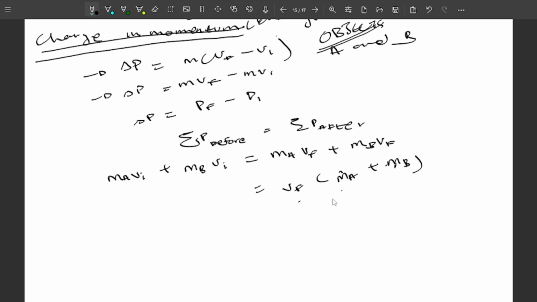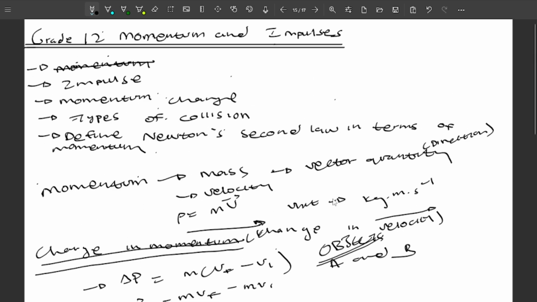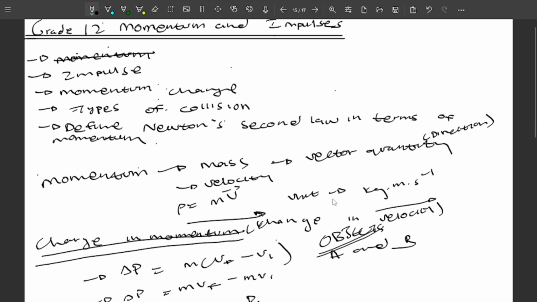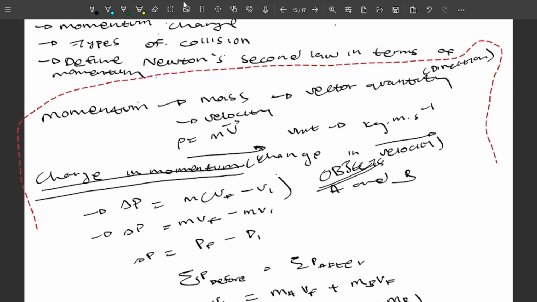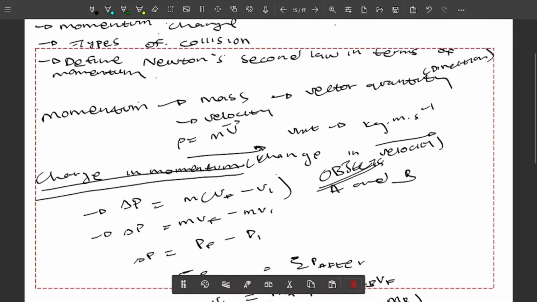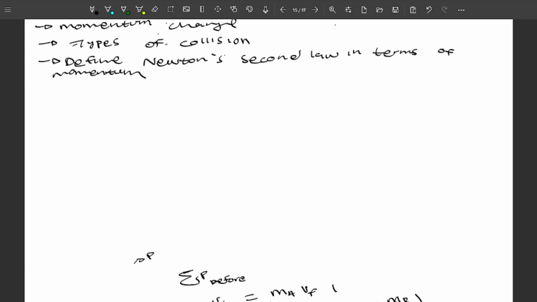Right. Now I want us to look at Newton's second law of motion in terms of momentum.